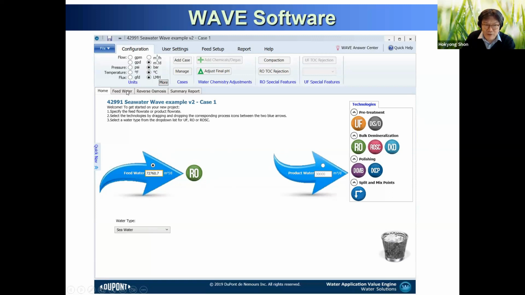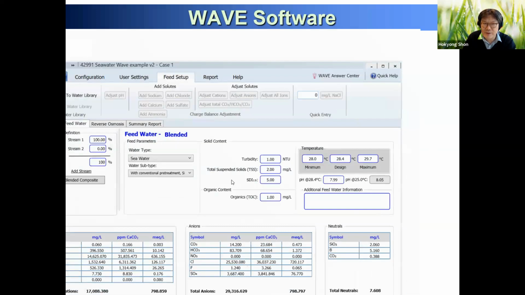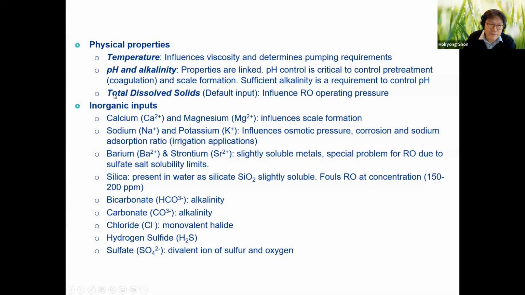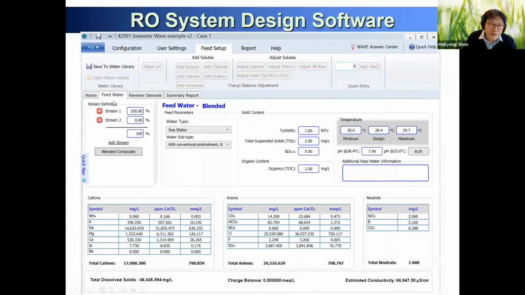And then you will have a feed water, reverse osmosis, summary report. So this will give you another level of your design for your seawater desalination plant. If you click the feed water, you can see stream 1, stream 2. Also, you have different feed water types, brackish, seawater, and a conventional pretreatment.